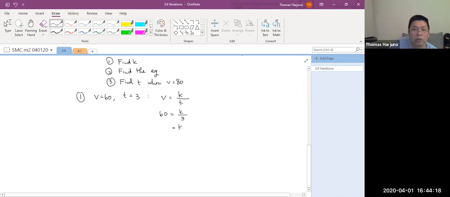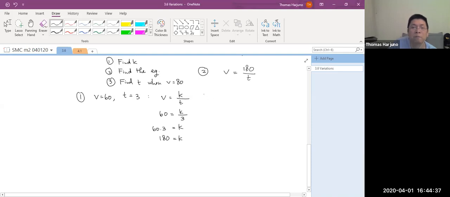So the constant of variation will be 60 times 3, which is 180. Now, what about the equation? Just plug that in, then v equals 180 over t.